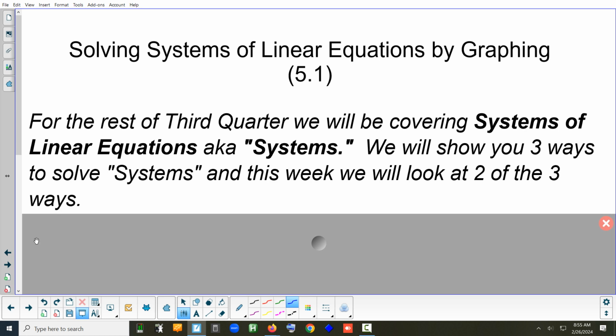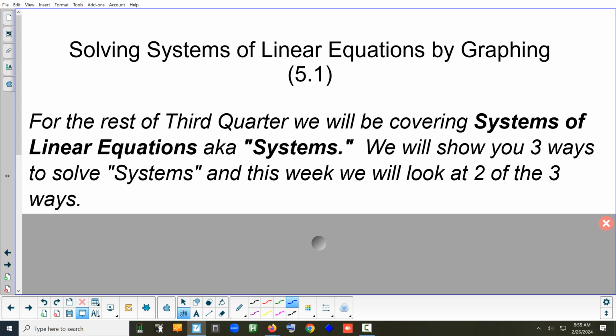There's different ways that you can solve these kinds of problems. What way do you think we're going to solve, or what method do you think we're going to use to solve them today? Linear equations. Yep, how do you think we're going to try to solve them today?